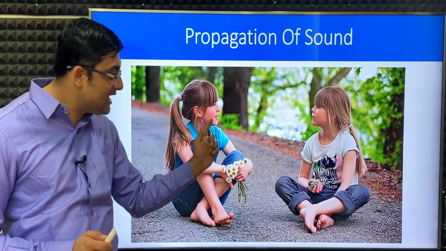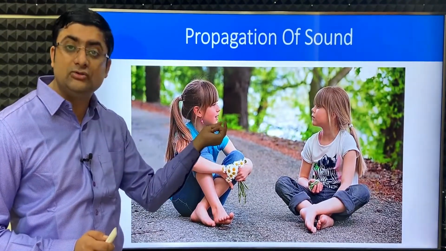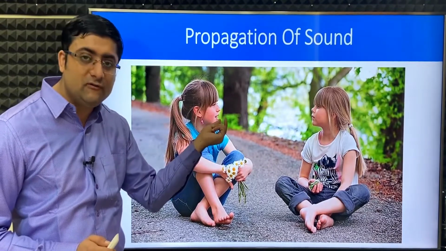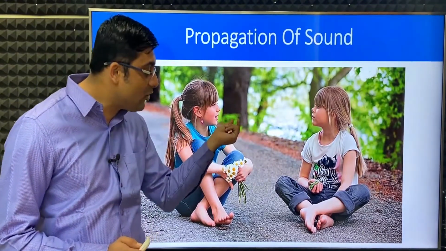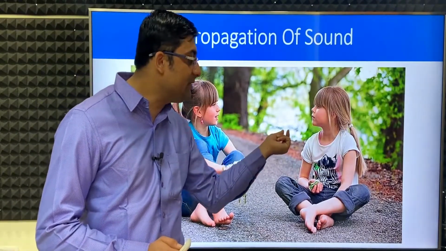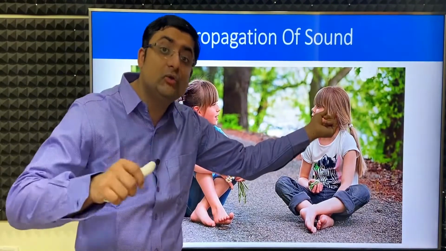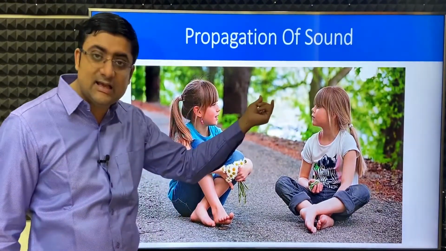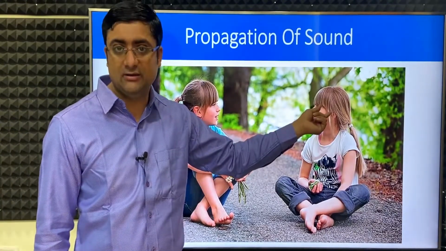So what happens is, as the vibrations come out of her mouth, they start vibrating the molecules over here. Now these molecules will vibrate the next molecule. This molecule vibrates the next molecule. Like this, all the molecules will start vibrating and pass on the vibrations right up to here. So it is the molecules of the medium, in this case air, which are carrying the vibrations from her mouth to her ear. Is it clear?